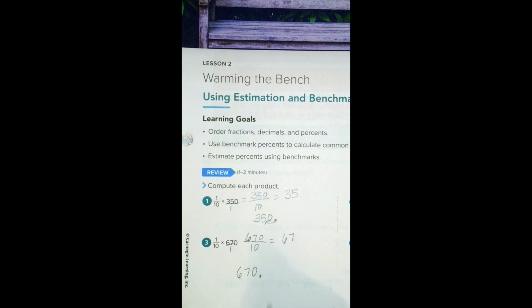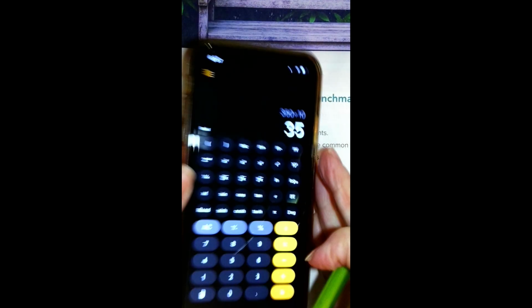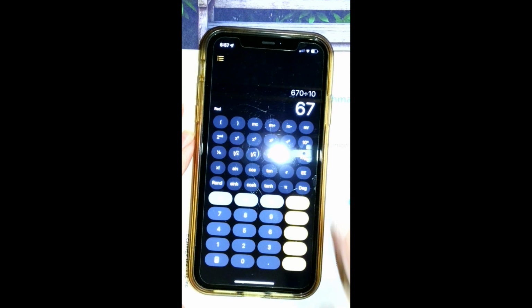Again, when you divide by 10, we're moving the decimal point 1 to the left. We end up with 67. I can show you that one here. 670 divided by 10 is 67. Okay, moving on.